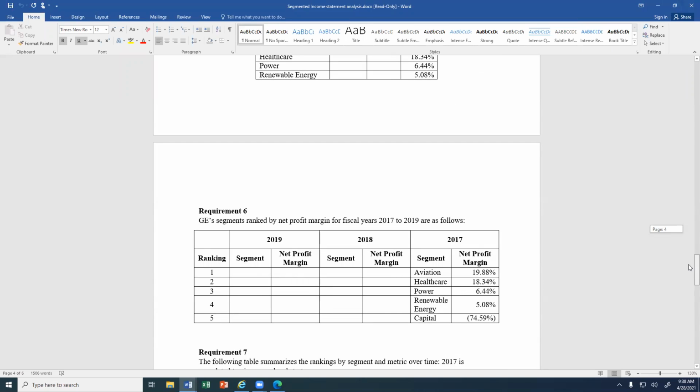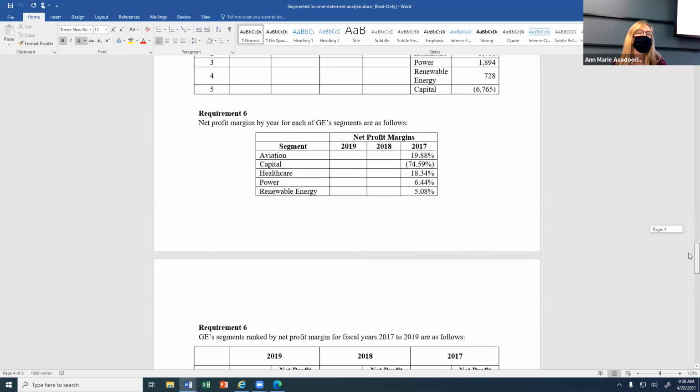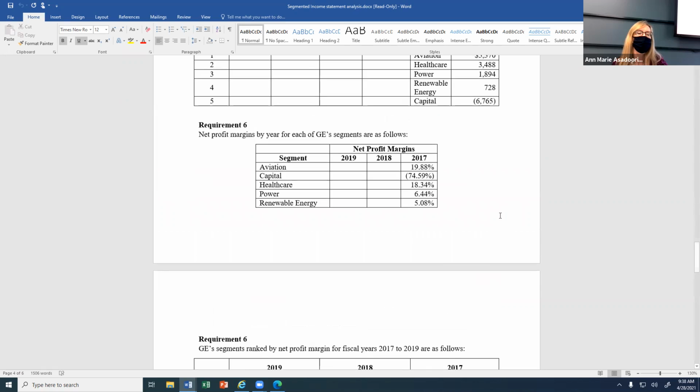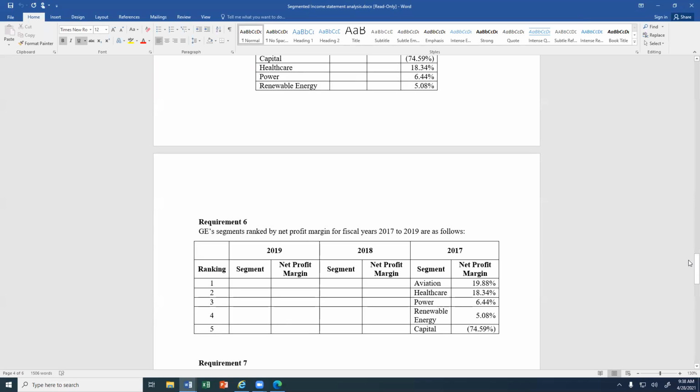Here I'm just asking you to rank them, so pretty much the same thing. You're collecting up the data and then you're going to rank them from best to worst. Oh, okay. Thank you.